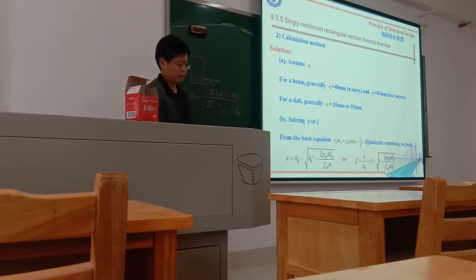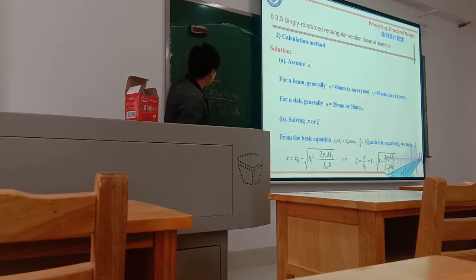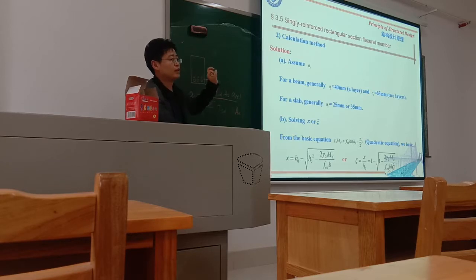So it's not only related to the area or the geometry of the reinforcement, but also related to the material strength. But normally this FSD is the same for the different layers. The same steel, HRB 335 or HRB 400, something like this. Normally the reinforcement uses the same type of material.